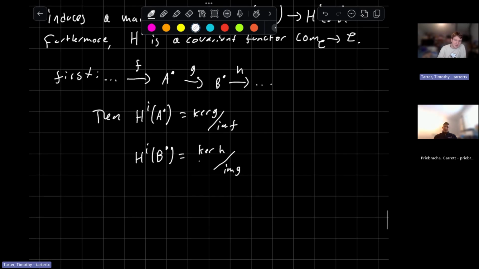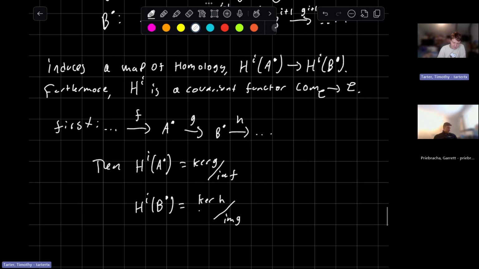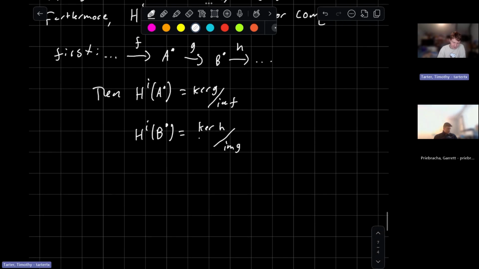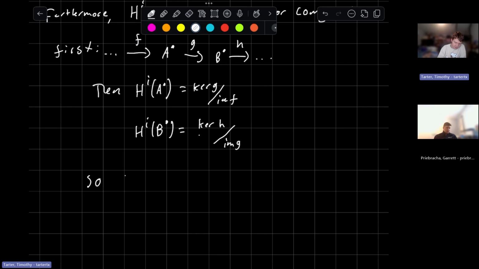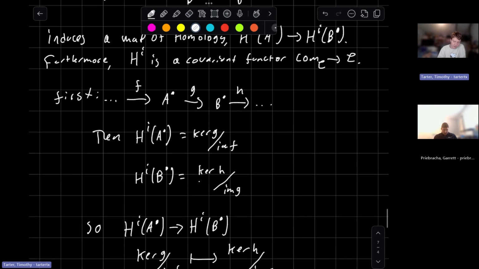And so then the map of homology, so HI on the A complex to HI on the B complex is a map that sends G mod MF to H mod MG.